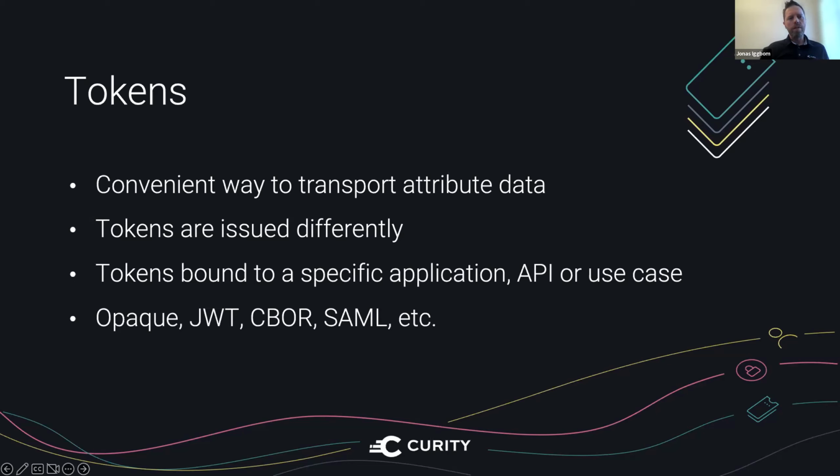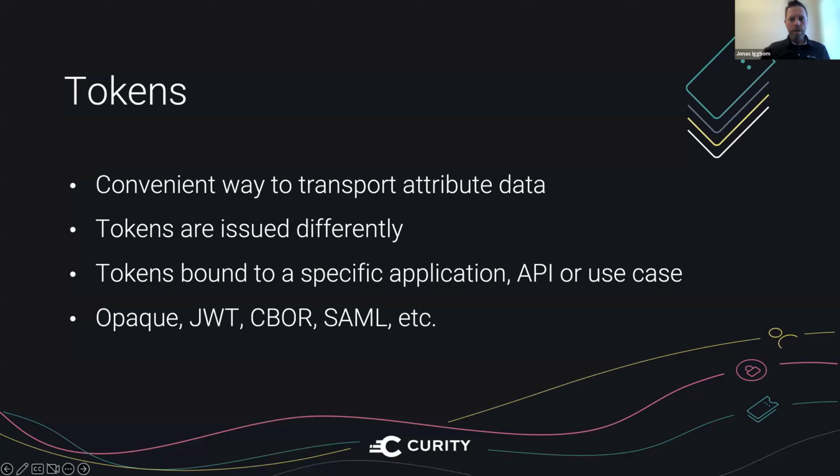And then there are obviously different types of tokens. The more common ones, at least that we see here at Curity, would be the first two here: an opaque token, which is also referred to as a reference token. It's essentially just a string that doesn't really mean anything. I'll get into more on that topic when I talk about the phantom token pattern.